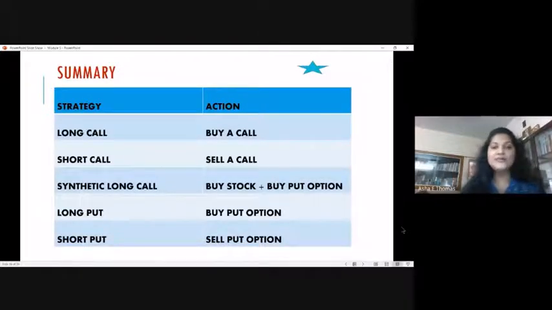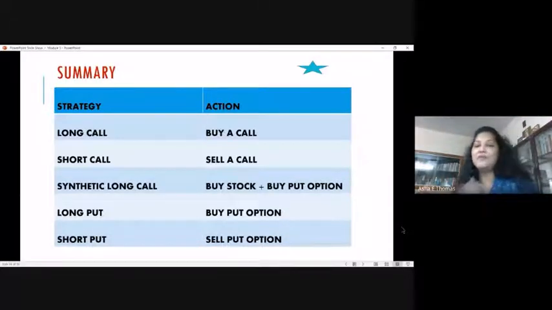Synthetic long call is nothing but you buy a stock anticipating a bullish market, and you expect that if at all the stock went down, what am I supposed to do? I want to protect myself against the fall in the share price because I already own the asset. So what I do is I will buy a put option also.